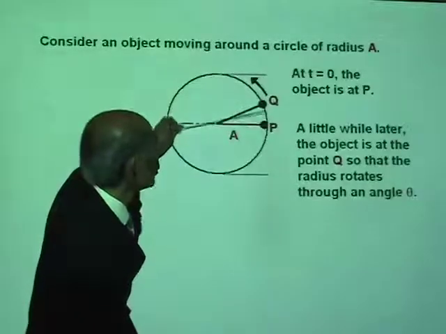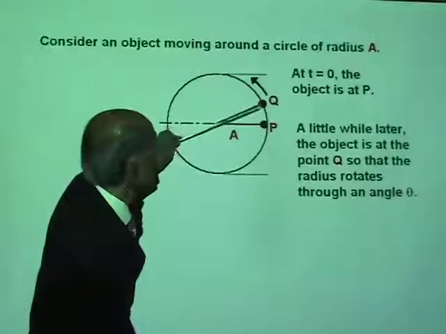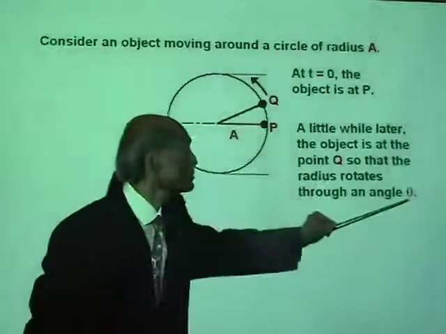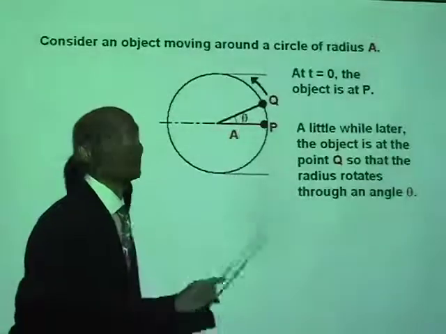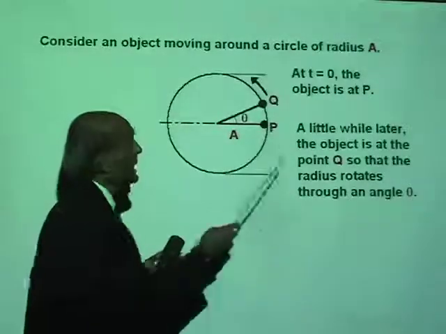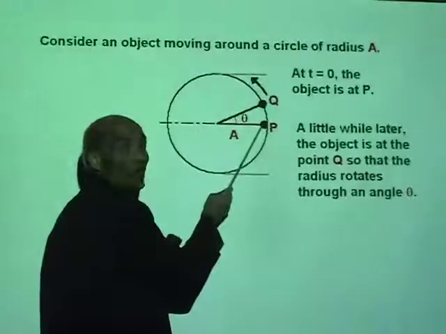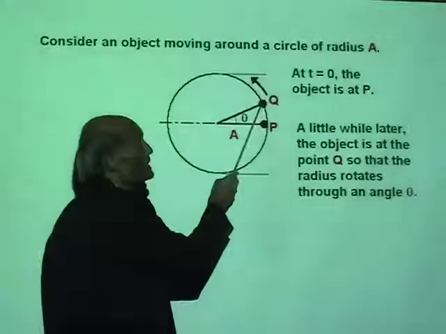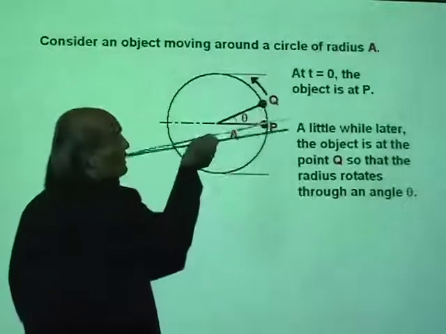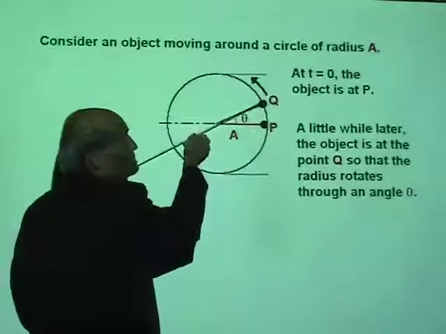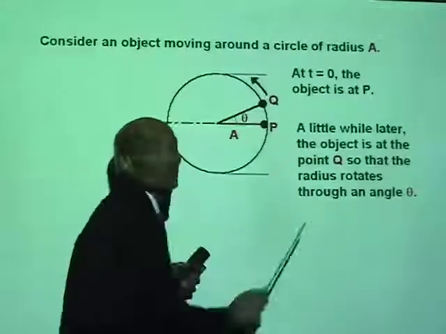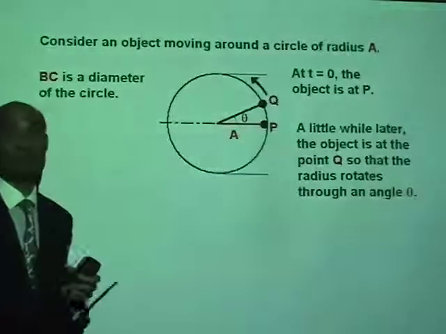The radius rotated through an angle theta. That means the radius rotated through an angular displacement, which we will represent by theta.